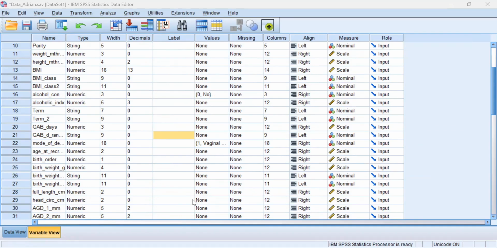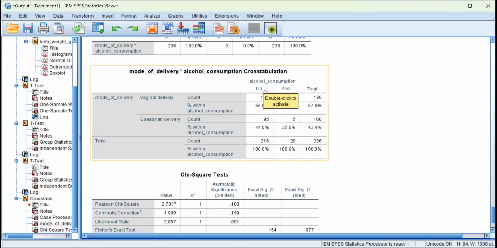It will give us two tables. The first table is a cross tabulation. You see that my alcohol is on the columns as I put it, yes and no, and the vaginal delivery and the cesarean section are on the rows. How do you interpret it? You interpret it column by column.